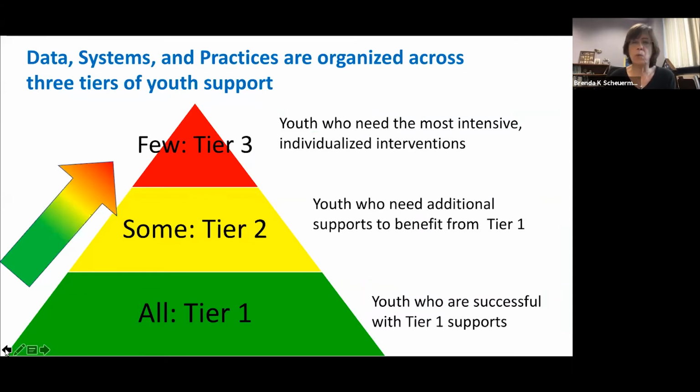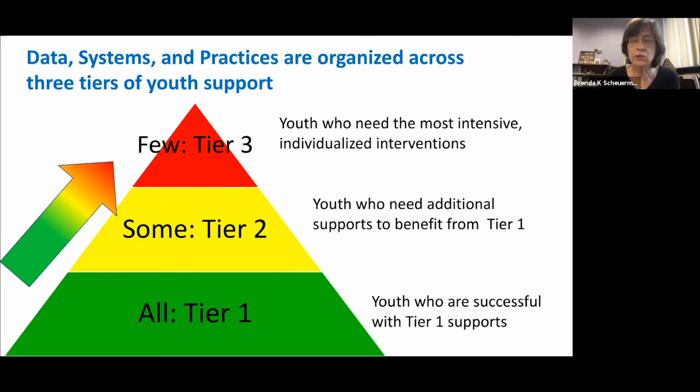Many of you are well familiar with this triangle. The data, systems, and practices of PBIS are also organized across tiers of support because not all youth have the same level of need when it comes to support. It's easy to think in alternative settings that all of the youth we work with require Tier 3 support, that they need the most intensive, most individualized supports.